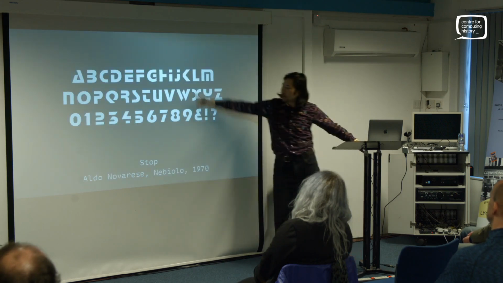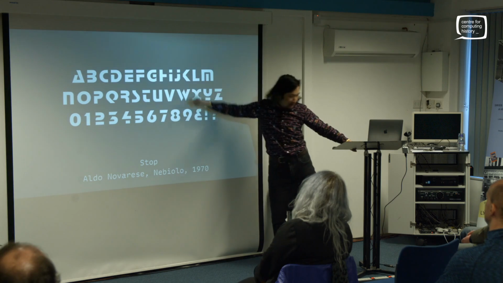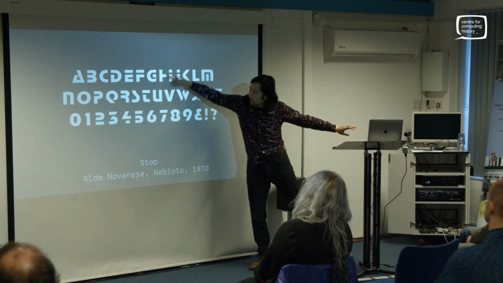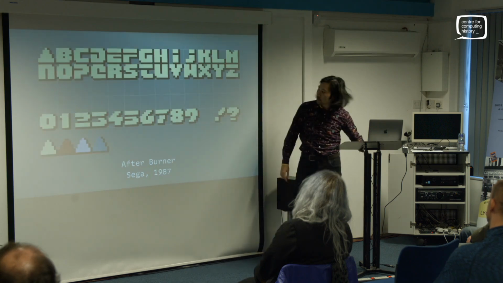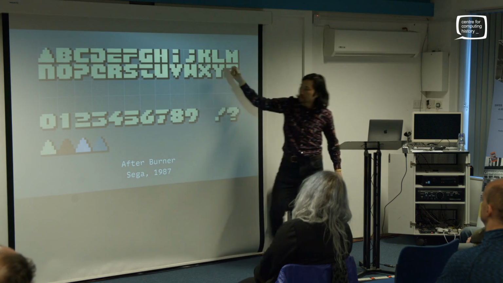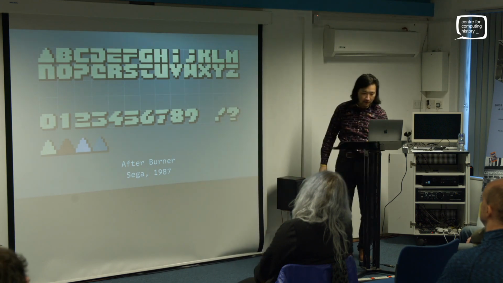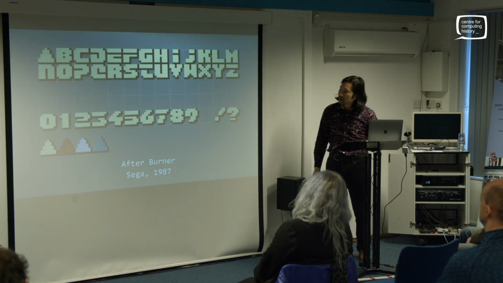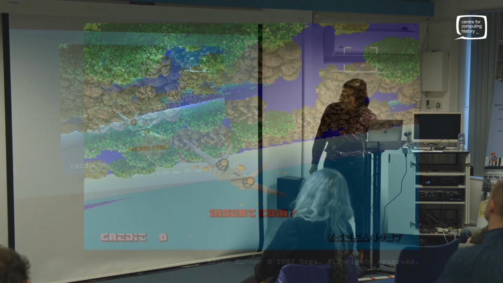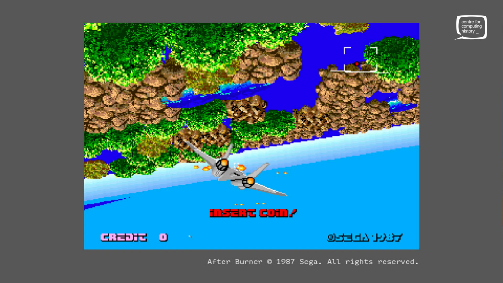For example, the K doesn't have a stem on the left-hand side. That's the same with H and R. So if you see K, H, R, yeah, there's a modification. They made the right decision, and it looks like this. So you can see at the bottom, like this.